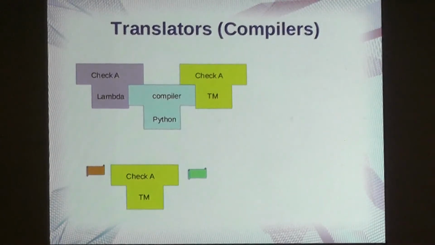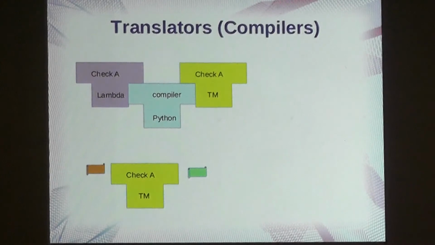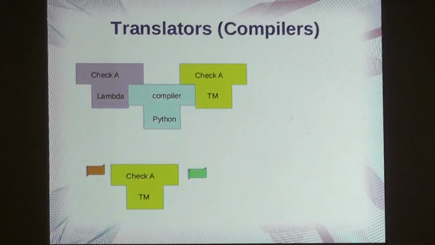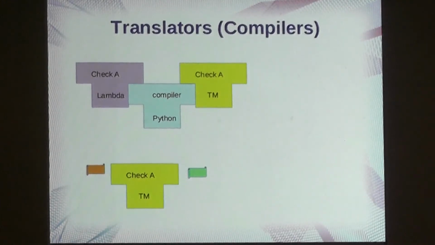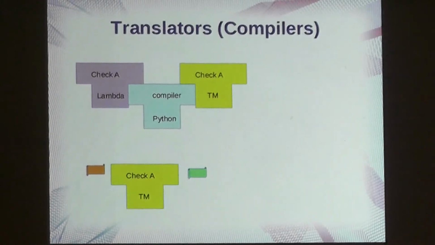So compilation is more complicated than simulation interpreter. But it will give you results because now the compiled Turing machine is as fast as the original lambda calculus. It's not 100 times slower or something like that.